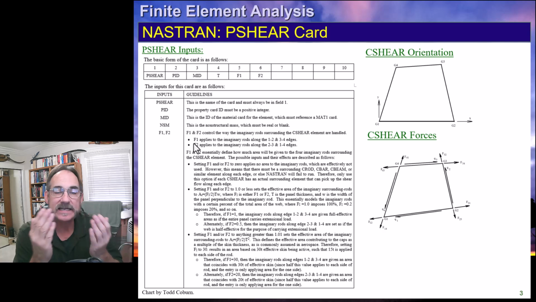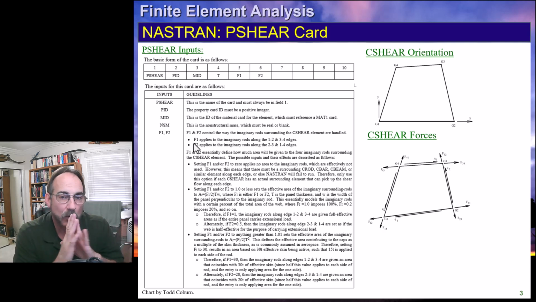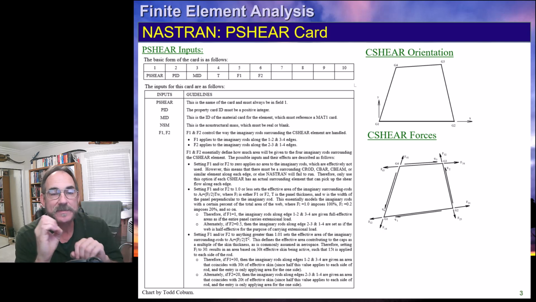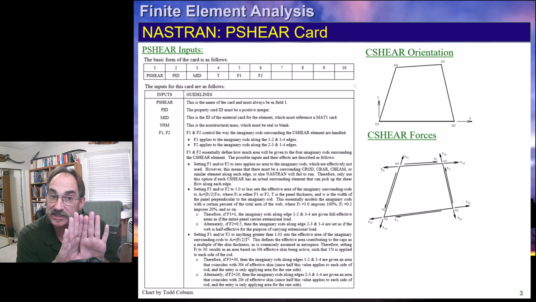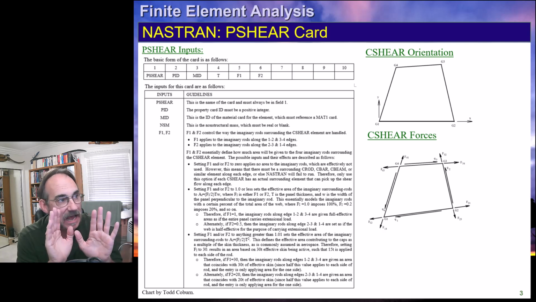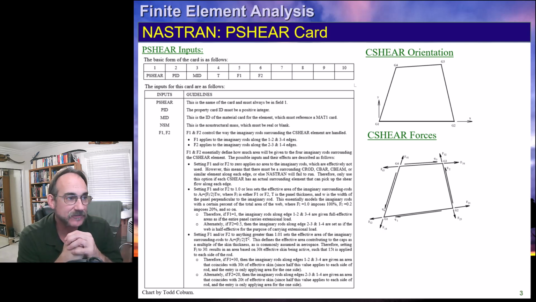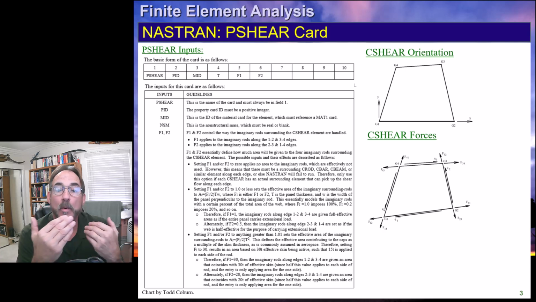And the way it does this is we can specify that F parameter to be 0, which means no effective skin, which means that shear element works just as a shear element, and it doesn't add any area into the surrounding members. If we set F1 and or F2 to be larger than 1, actually larger than 1.01, what we're going to end up doing is getting an effective width of skin.